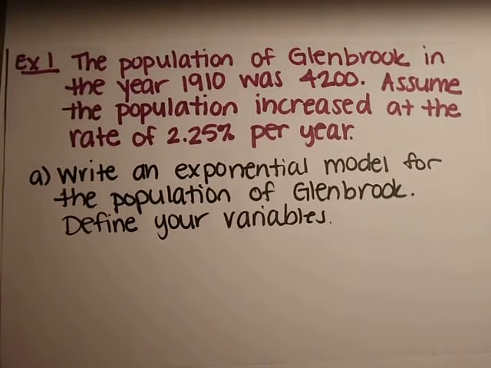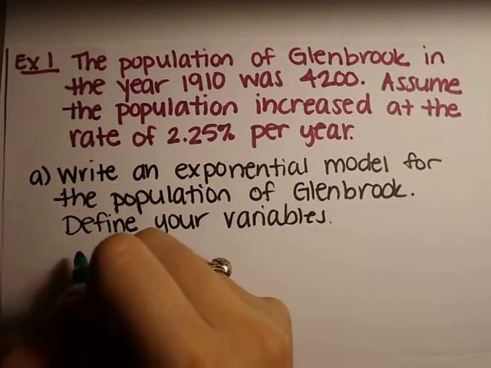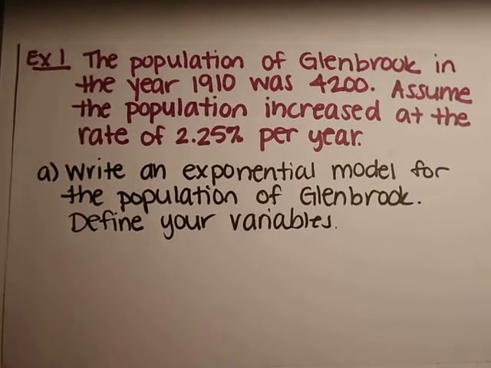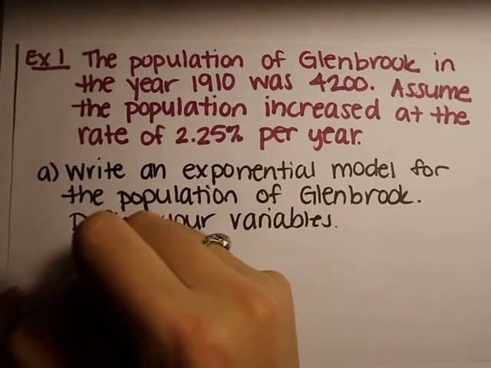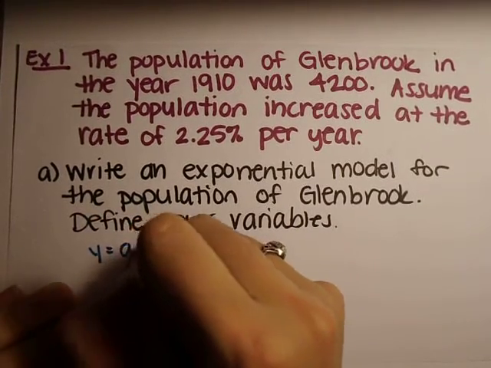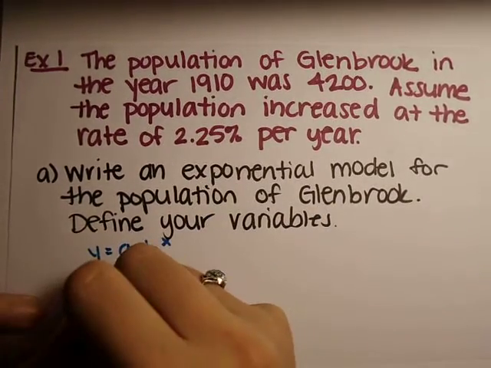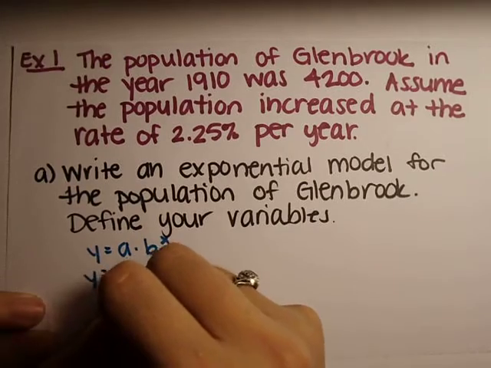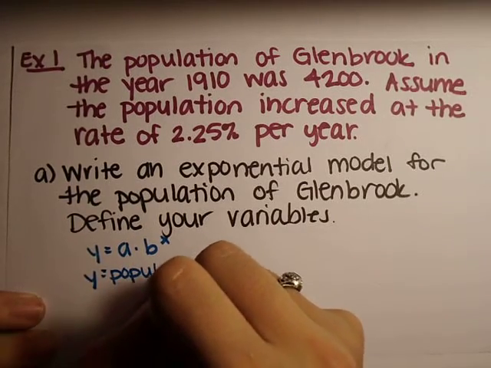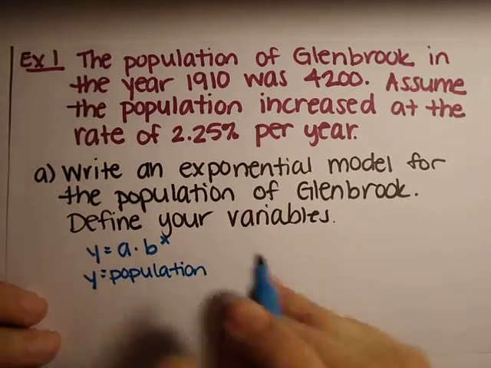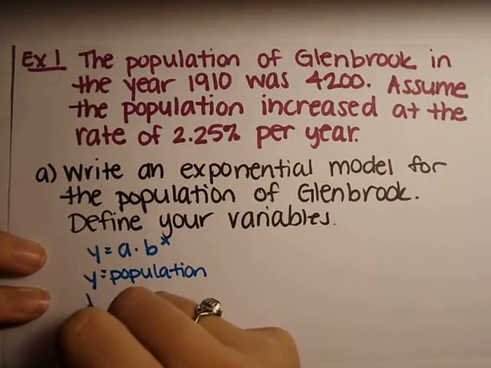Define your variables. We want to use the form y equals a times b to the x. In this case, y is going to be our population. Our b will be our growth rate.